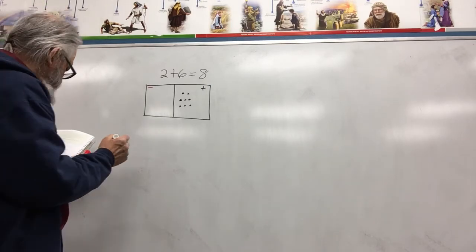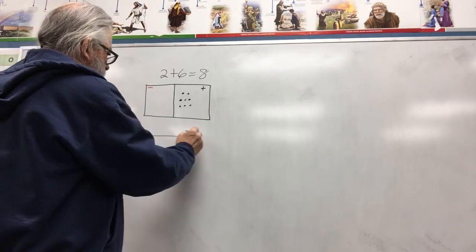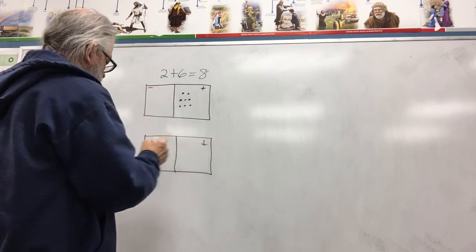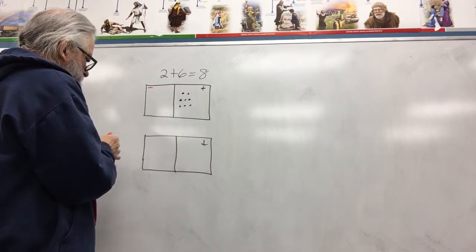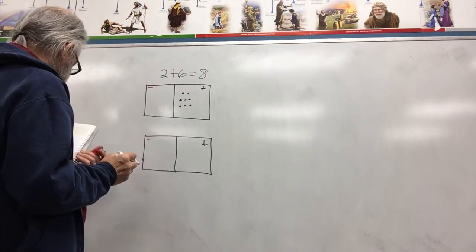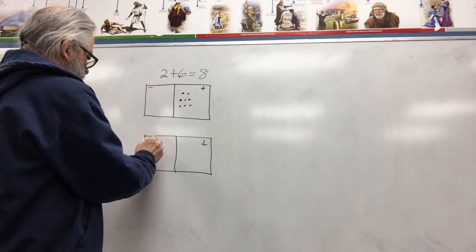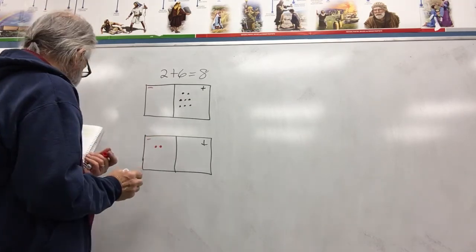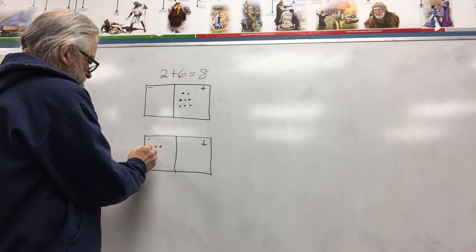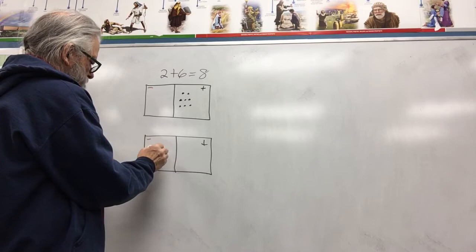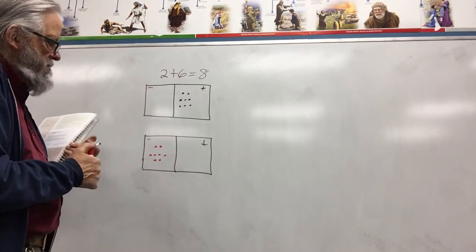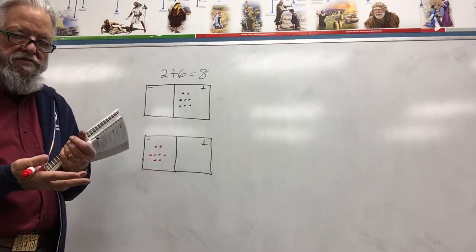All right? But let's see. The second one they do is a negative 2, so we'll put 2 red dots, plus a negative 6, so we'll put 6 more red dots. And then we don't have any positive dots.